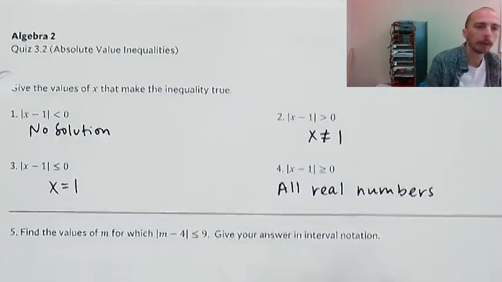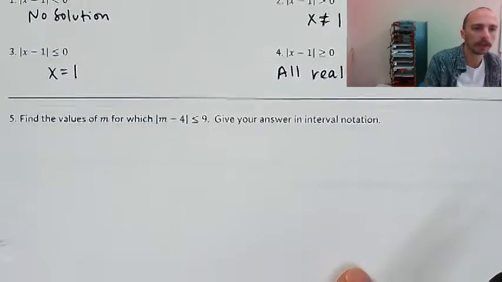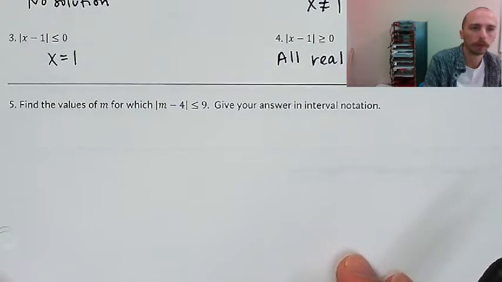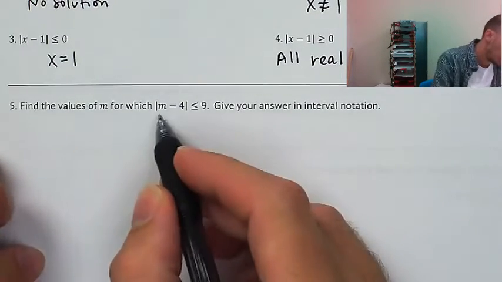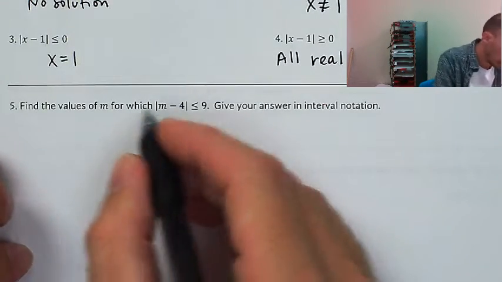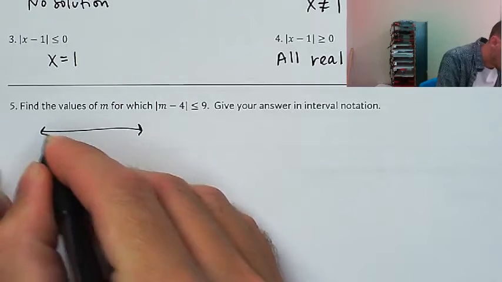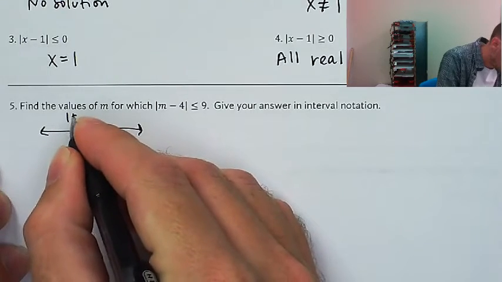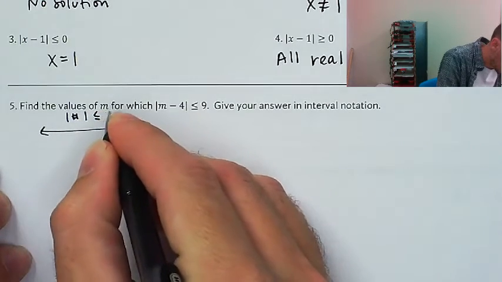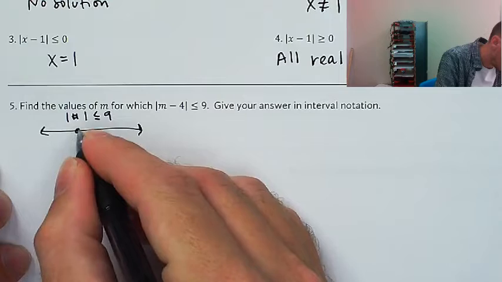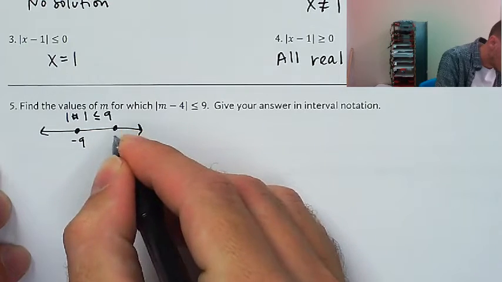Okay. Now we're going to find the values of m that satisfy that inequality, and we're going to give our answer in interval notation. Okay, well, if the absolute value of a number is less than or equal to 9, then that number has to be between negative 9 and 9.